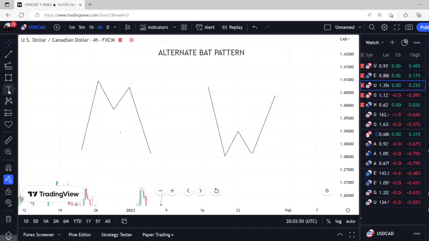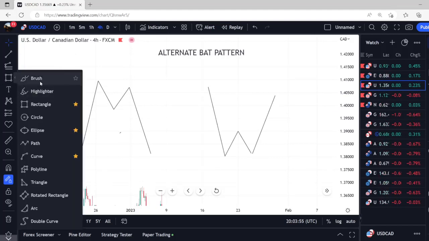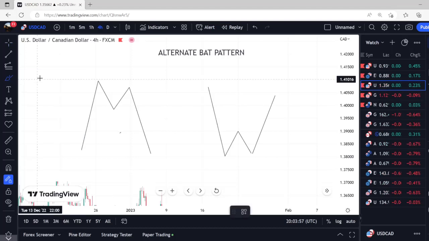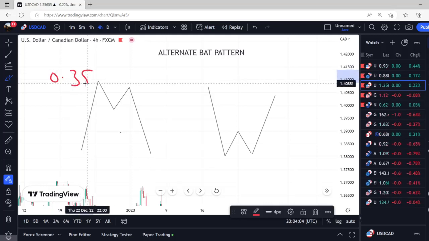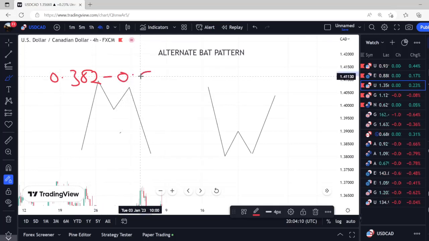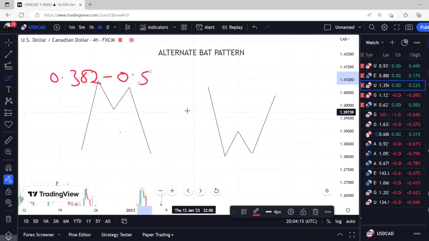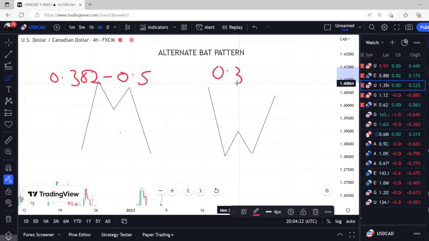With the bat pattern, we said that the B leg is between 0.382 to 0.5. So that's for the B leg. But with the alternate bat pattern, the B leg is at 0.382 only.